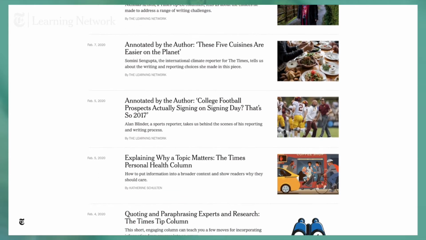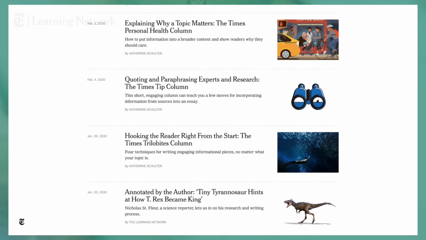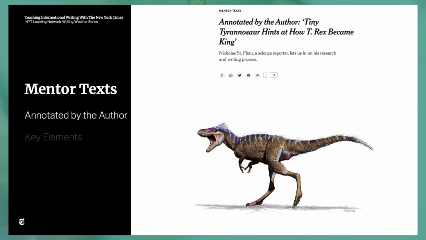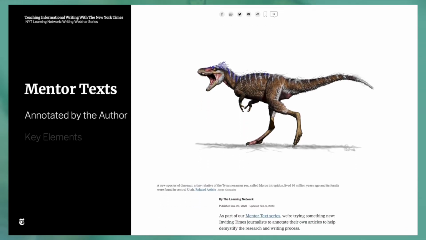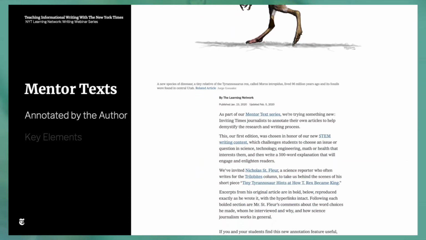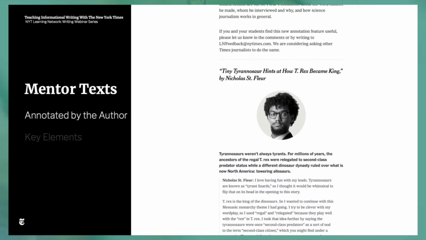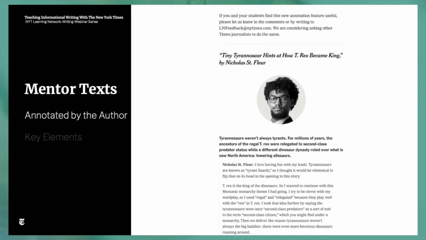So one of those types of resources is our annotated by the author text. In this feature, we invite journalists and past winners of our contest to annotate their work, explaining the writing choices that they made and why they made them. So what you're looking at here is an example from Nicholas St. Fleur.